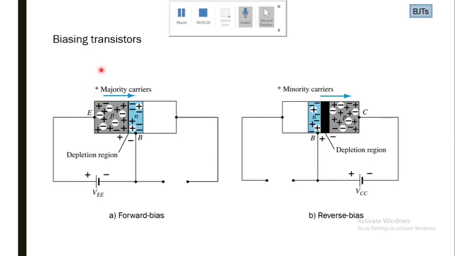If we discuss the biasing of the transistor, we already said that we make the base-emitter junction forward biased and the base-collector junction reverse biased, and this setup is for the transistor to be used as an amplifier.